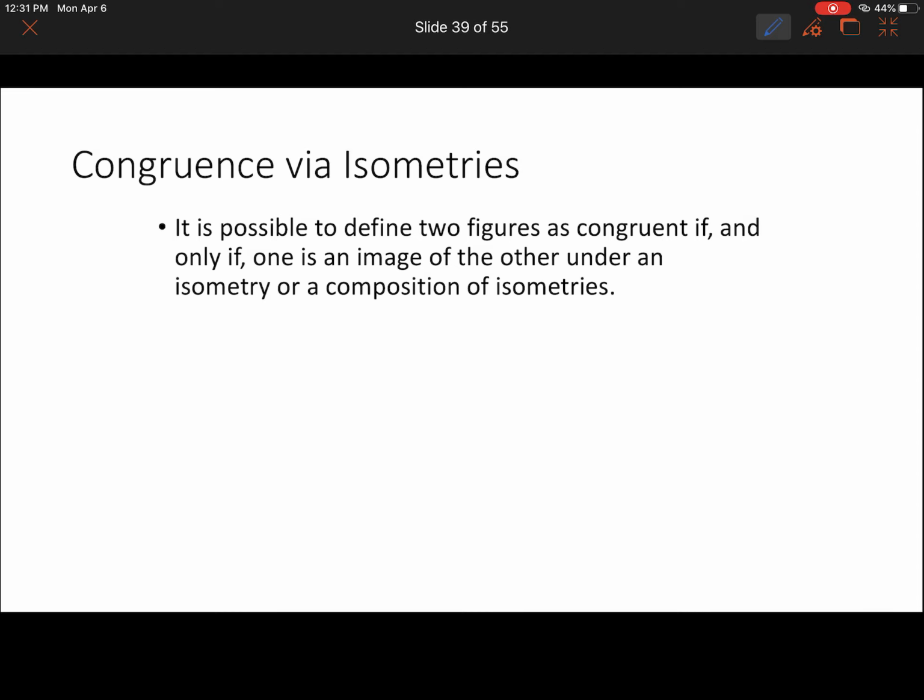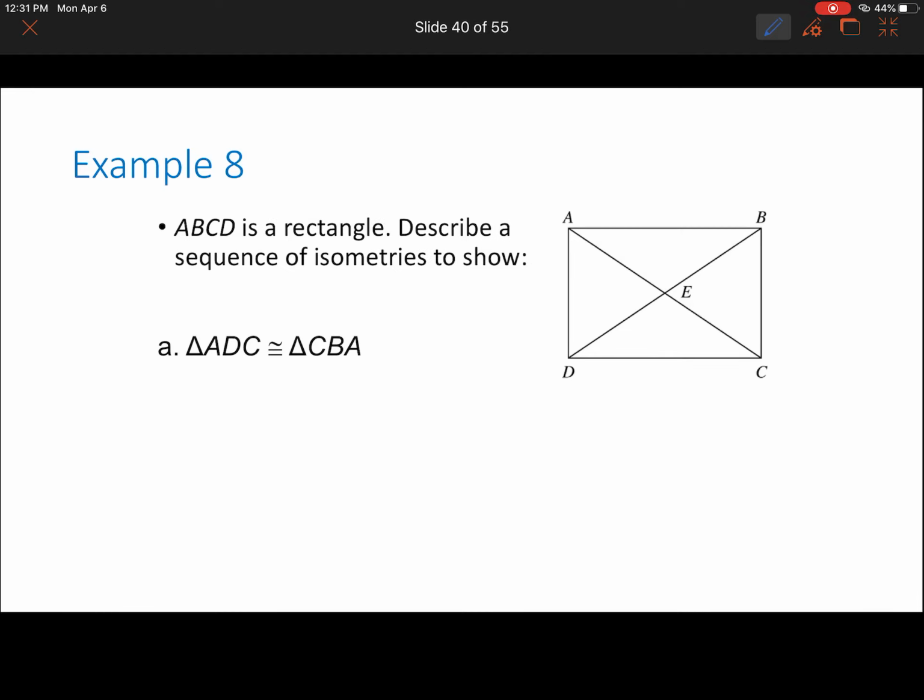Okay, so we're going to look at a couple of examples of that here. In this example, we want to take the rectangle that's shown, rectangle ABCD, and we want to describe the sequence of isometries to show that congruence has happened.